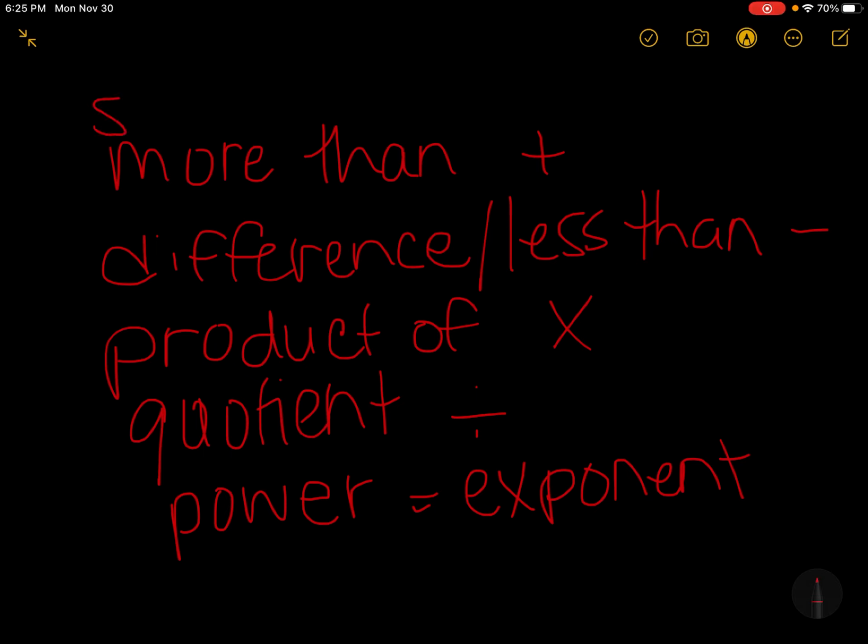Sum is also a word that you'll see for addition. And we just need to know that some of these end up inside of our expressional phrases. Let's get started.